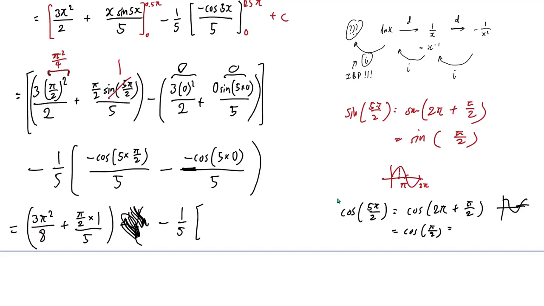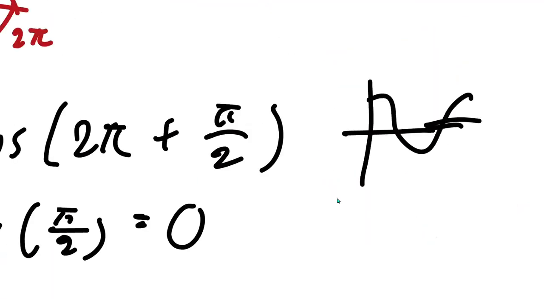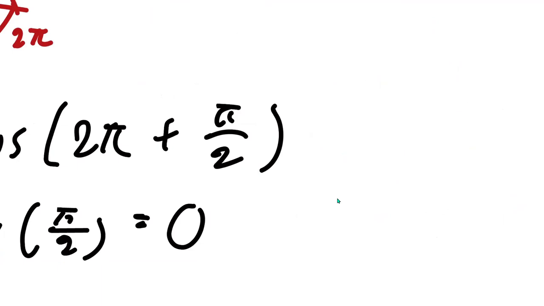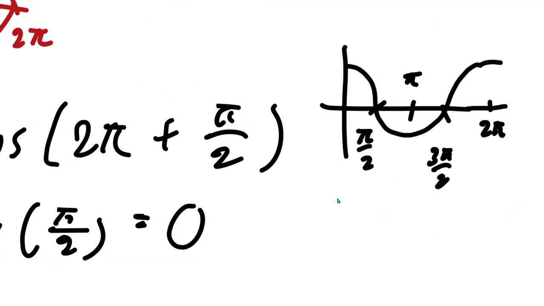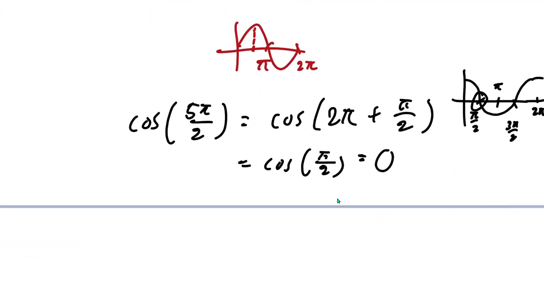Zero, right? Okay, so cosine pi over 2 is over here. So it's a 0.